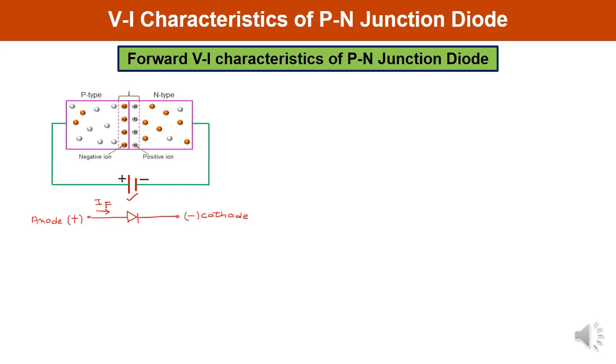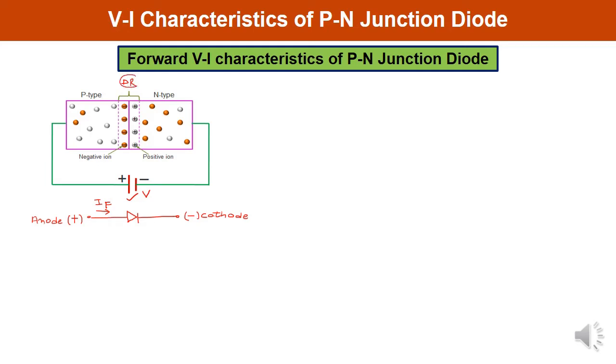So what will happen over here? You know that because of this applied voltage, because of this applied battery, when charge carriers are crossing the junction, the depletion layer width is decreased. This is the depletion region.